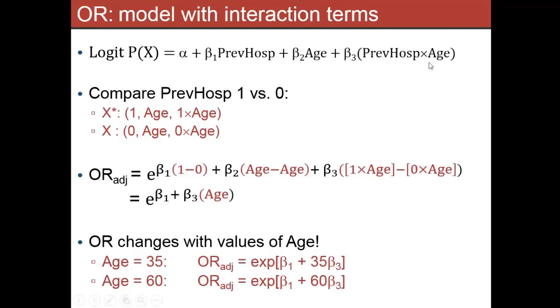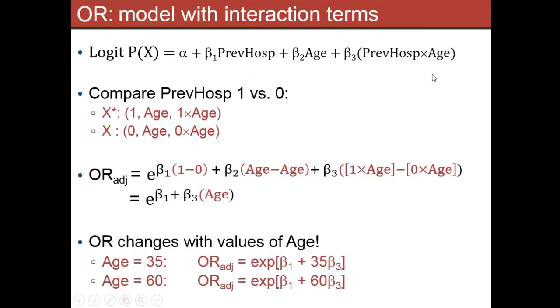We're now saying that the effect of hospitalization itself is changing across values of age. You might call this effect modification, right? Which we're going to formalize in the EVW model as an effect modifier. So this is allowing the previous hospitalization effect to change across age.